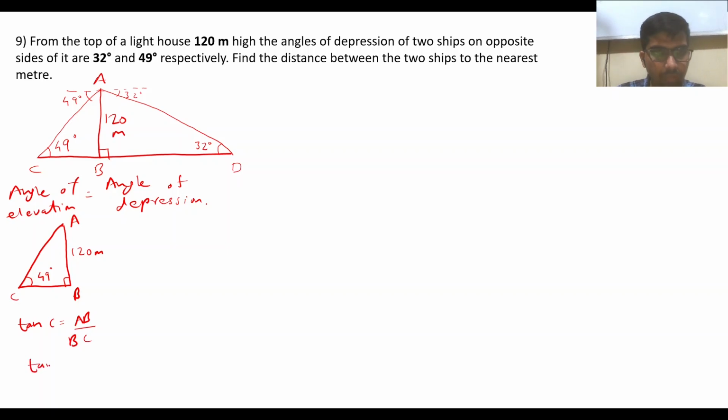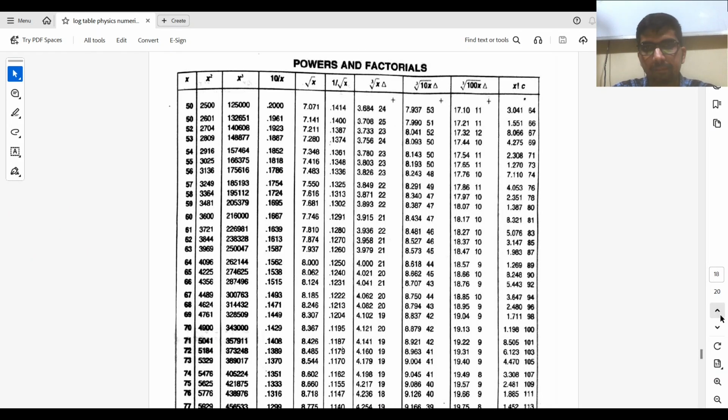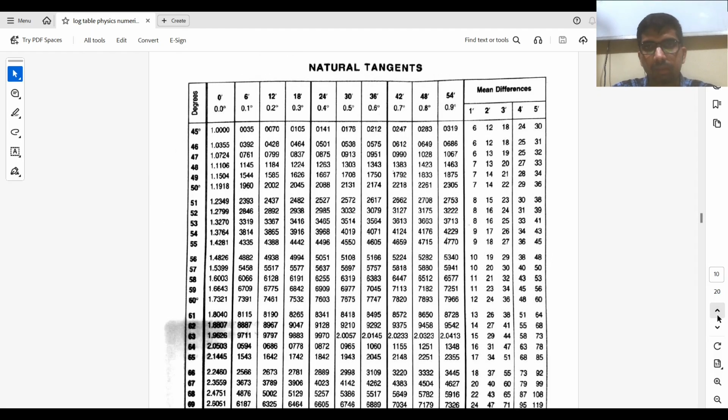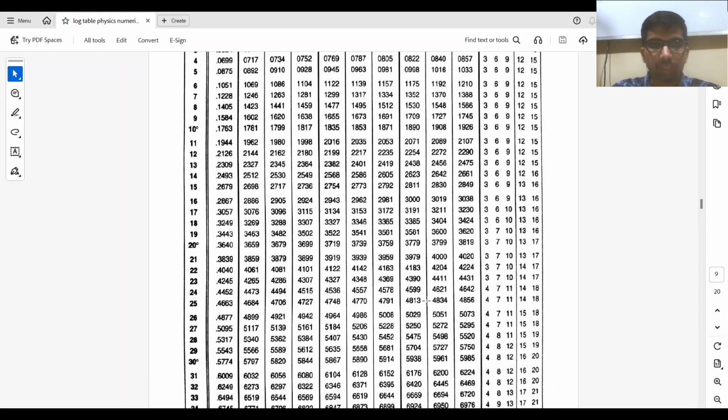So tan 49 equals AB, which is 120, over BC, which we don't know. Now go and find tan 49. So go to the table and find the tan of 49 degrees. Tan 49.